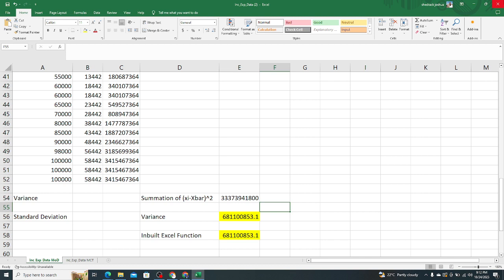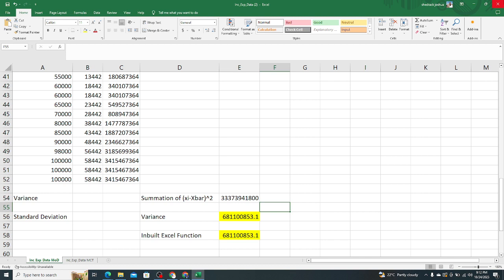If you have a higher value of variance, then that basically means our data points are spread out, far away from the mean.